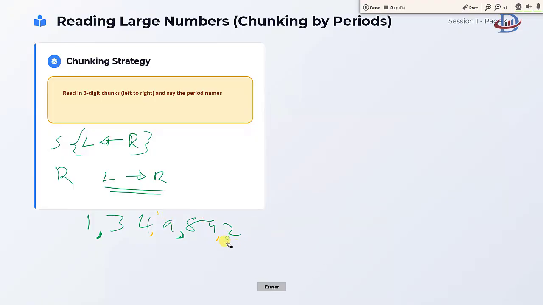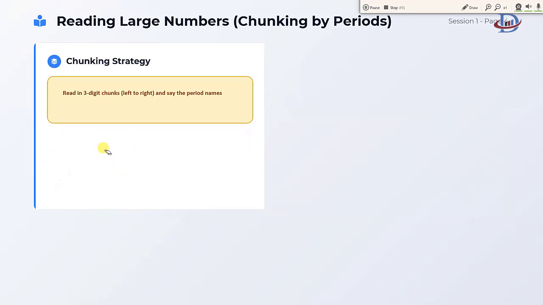You'll get something wrong. So splitting, we split from the right to the left, but in reading, we read from the left to the right and say the period name.